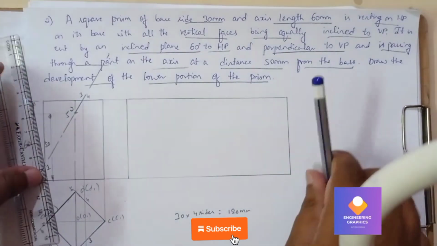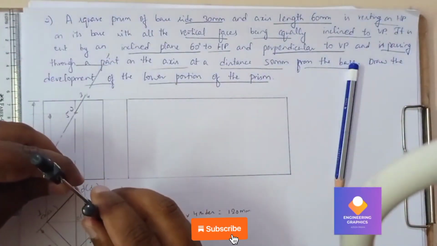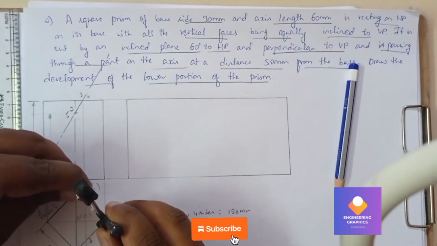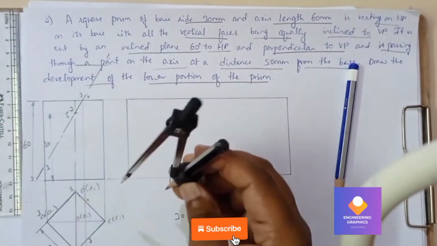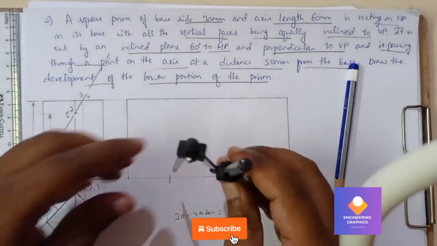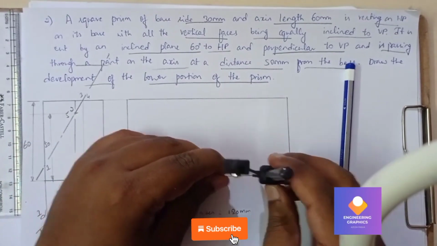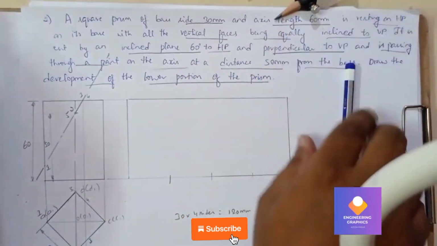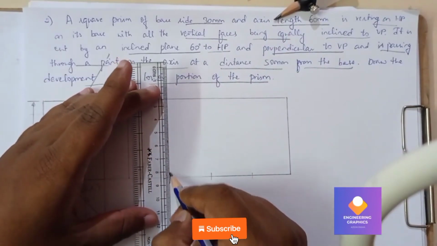Now you can take the compass and measure 30 mm from any one of the edges, and cut 4 arcs here. It has 4 sides, right? So cut exactly 4 arcs. Then draw vertical lines joining at these points.